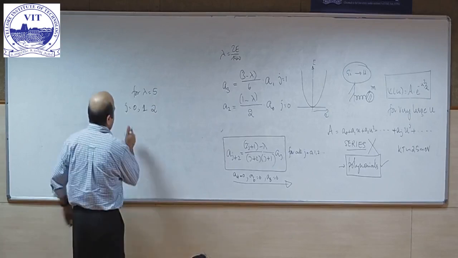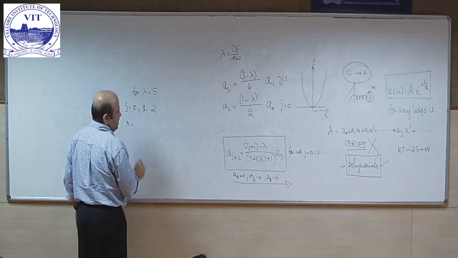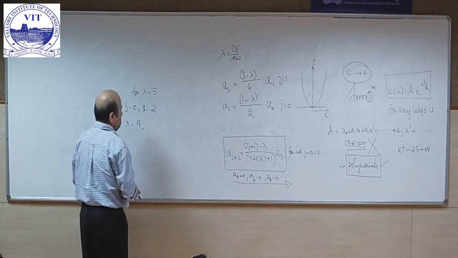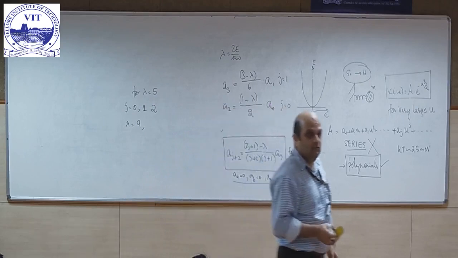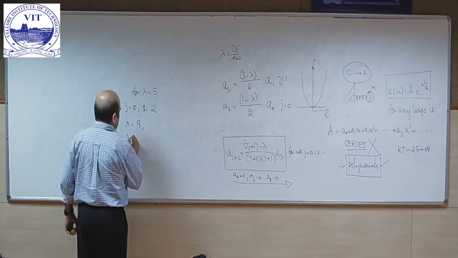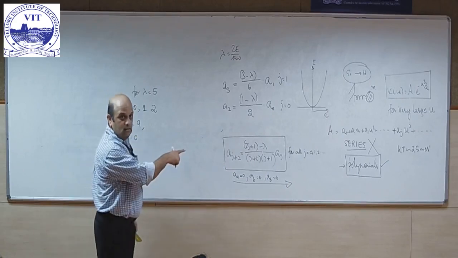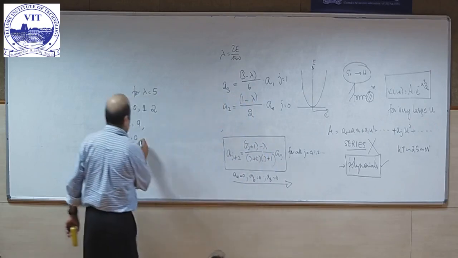Okay, you select, for example, lambda as 9. What are the values you can select? You can also select 0. J is 0, right? So lambda is 9. Okay, let me write down that.